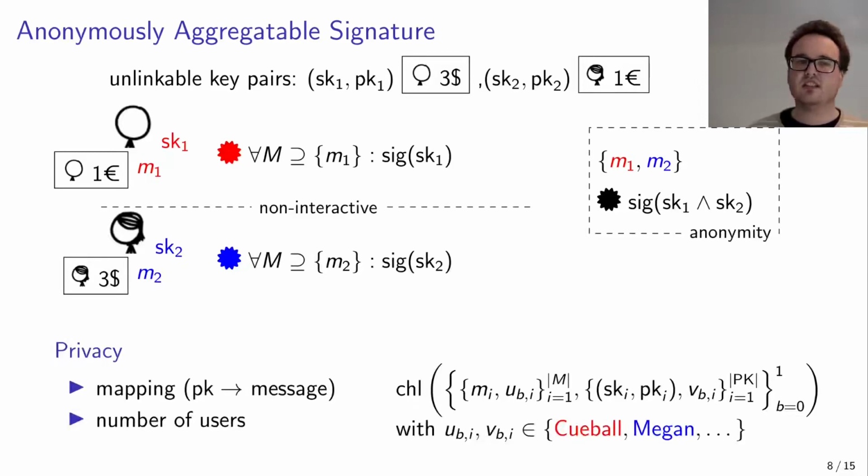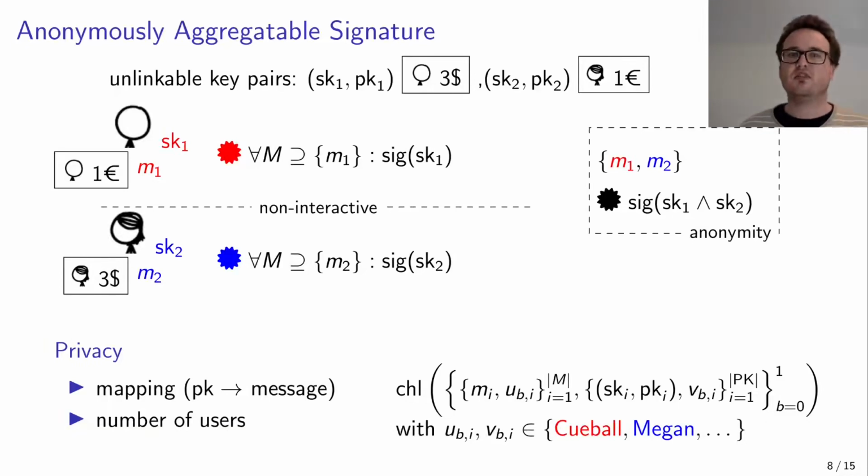So the privacy of that is that the mapping between who signed something and which output message they wanted is hidden, and also the total number of users is hidden. And this works by, so the privacy game for that, the formal one, is that the challenger distributes message and key pairs to individuals and then challenges them to differentiate how the signature was created.